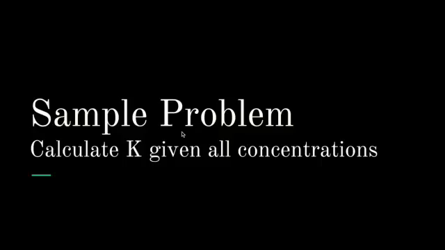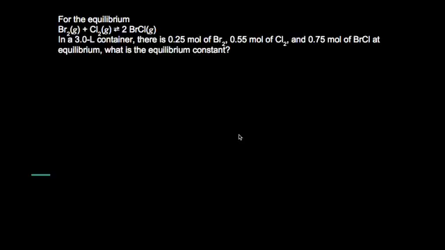So now you understand how the equilibrium constant expression works. Let's move on to a sample problem. So let's take a look at what is given in this problem. First, we have the volume of the container, and we also have the moles of all three substances.